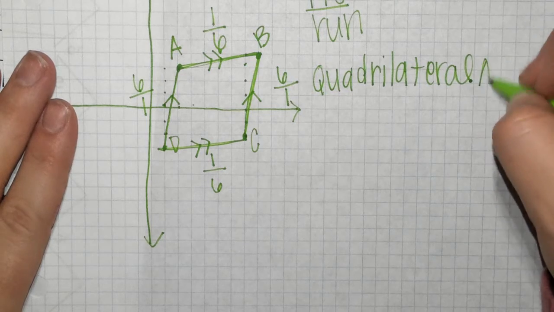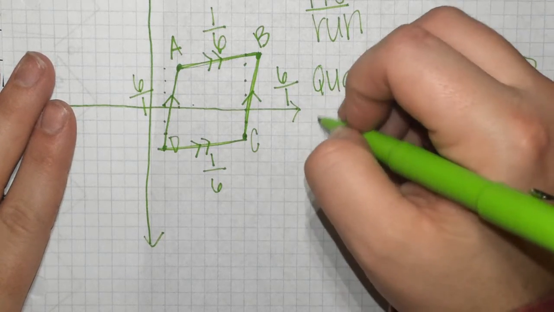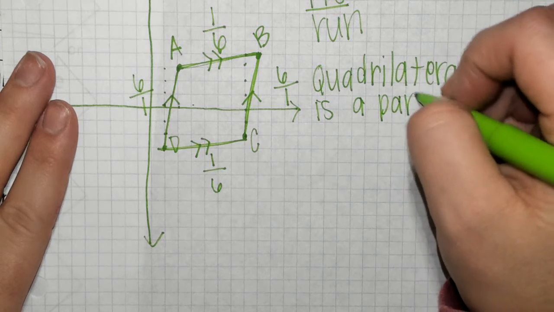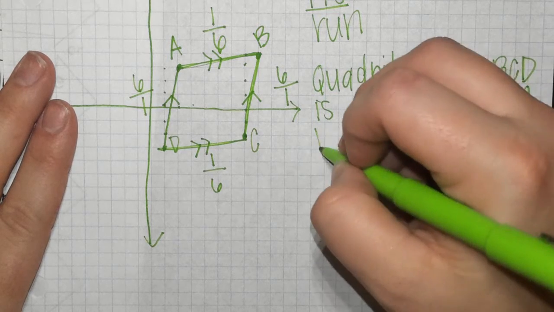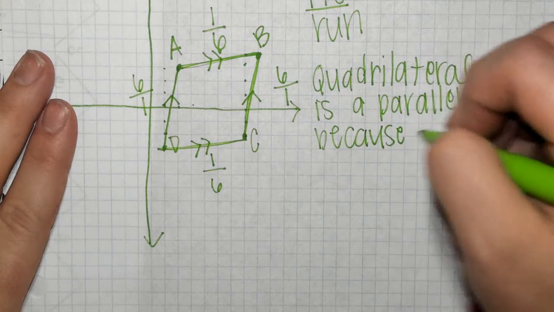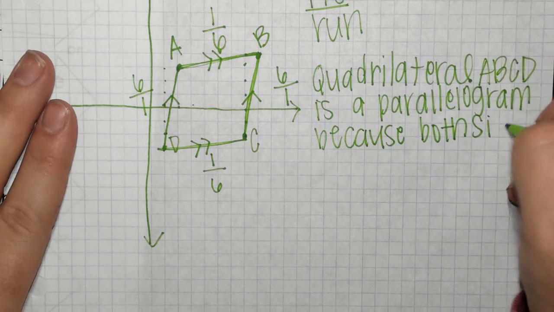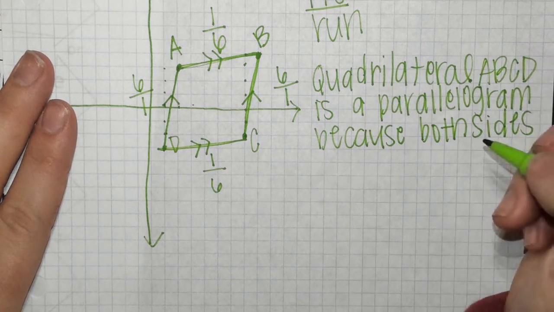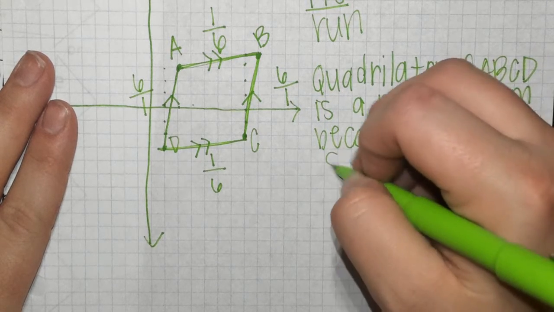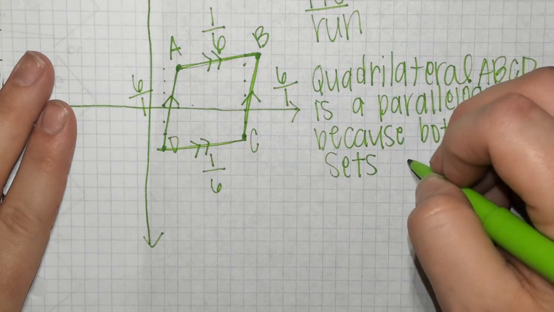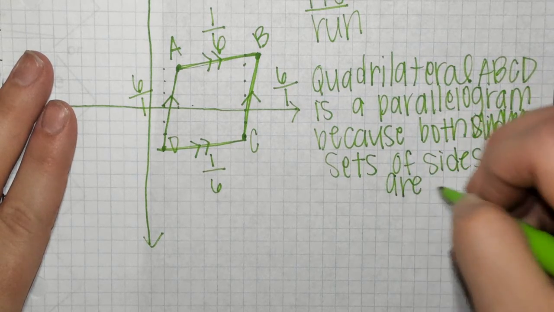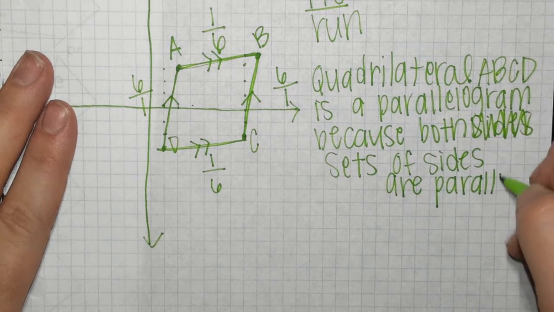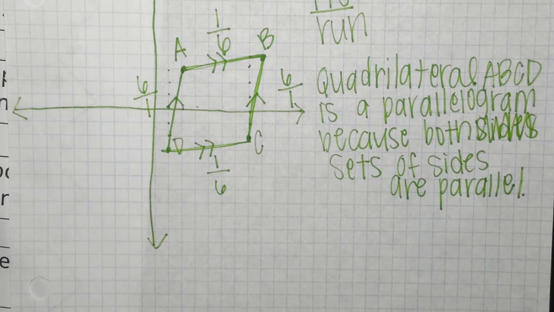So I'm going to start with A. Quadrilateral ABCD is a parallelogram because both sets of sides are parallel. Something along those words. It doesn't have to be just that.